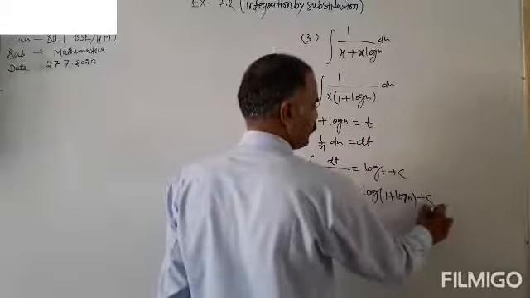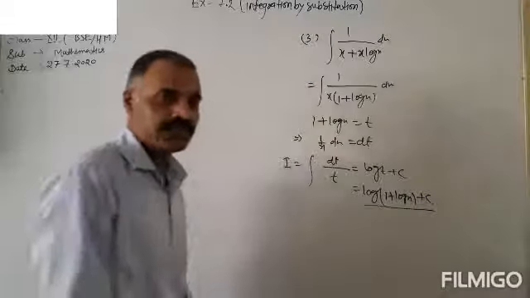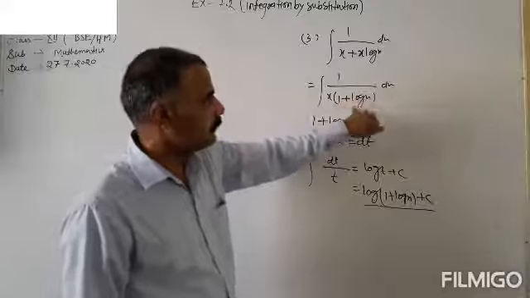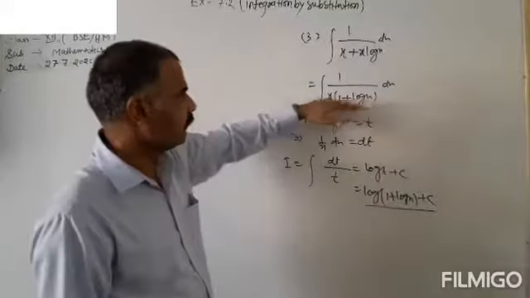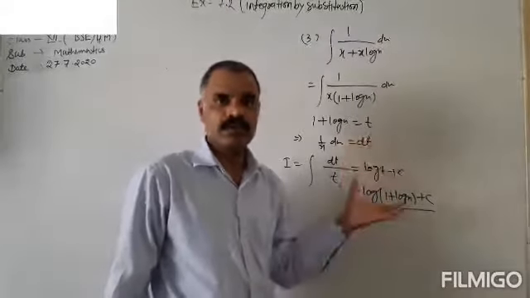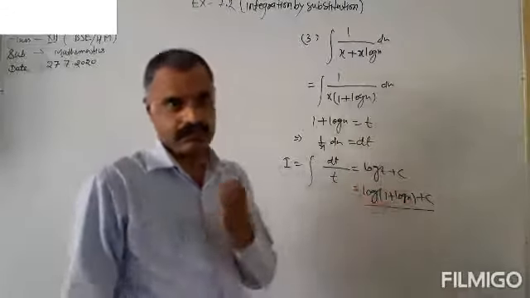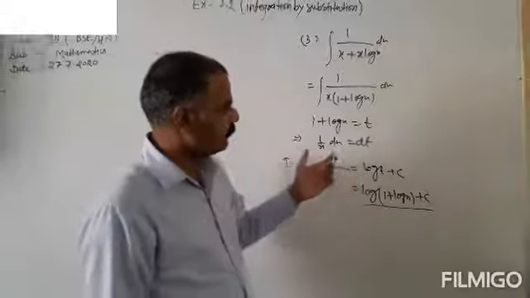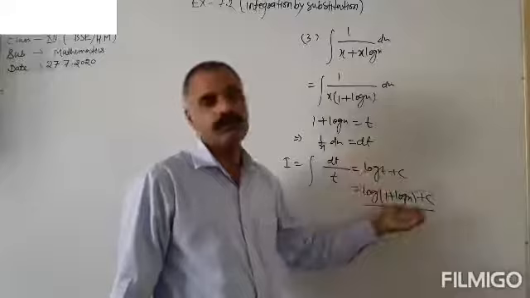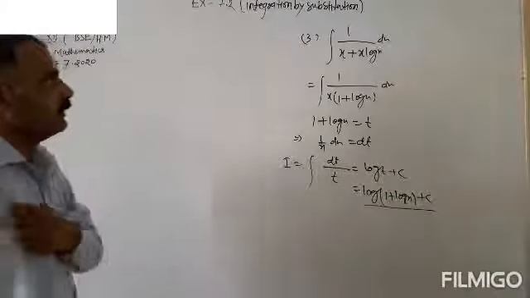Again change the variable. We have to change the variable back to the original variable given in the question. In the question the variable is x, so we will find the answer in variable x after substituting t as 1 plus log x. So this was question number 3.